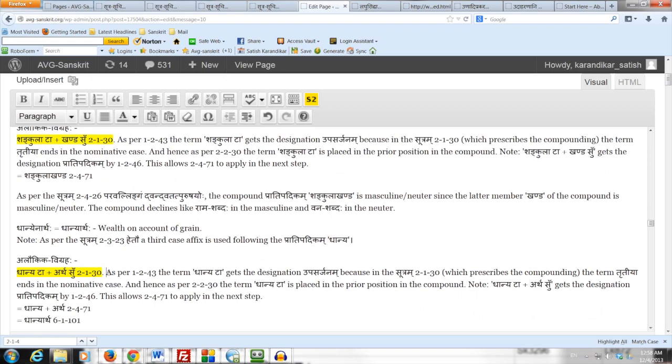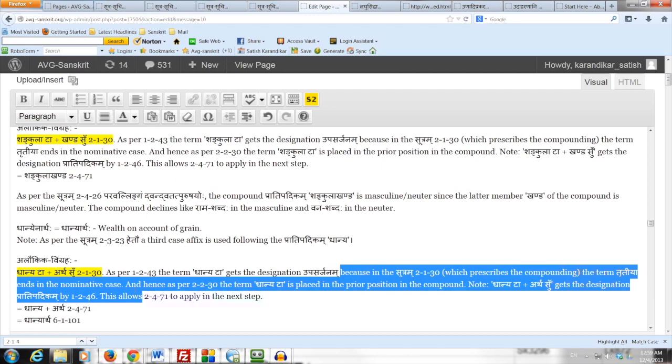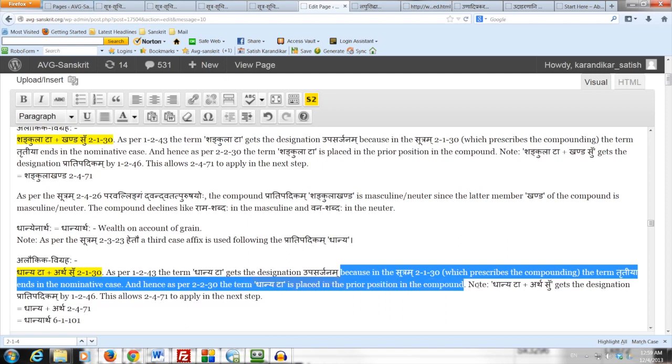Now as per the Sutram 1.2.43, Prathamanirdishtam samasa upasarjanam, the term dhanya ta gets the designation upasarjanam, because in the Sutram 2.130, which prescribes the compounding, the term tritiya ends in the nominative case, and hence as per 2.2.30, upasarjanam purvam, the term dhanya ta is placed in the prior position in the compound.